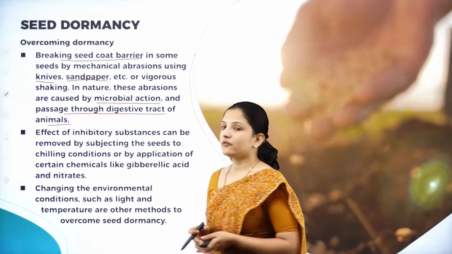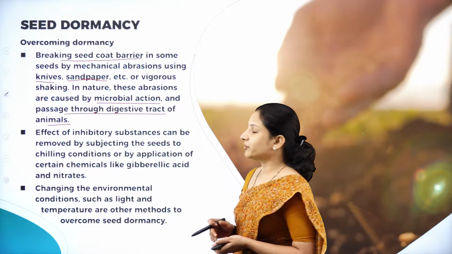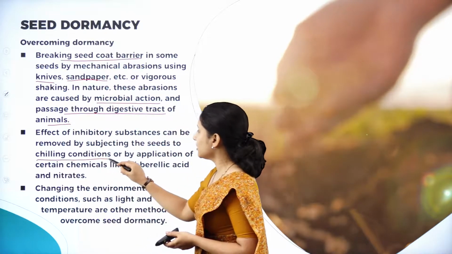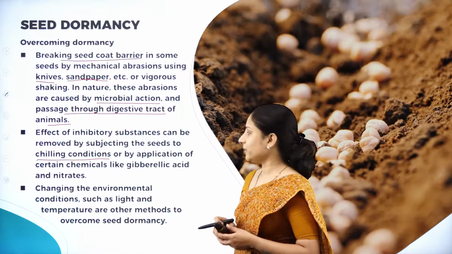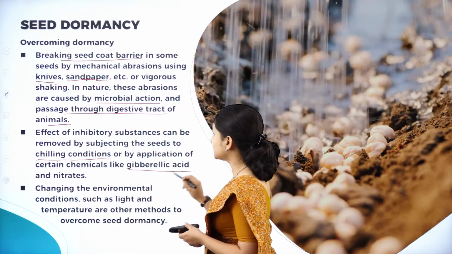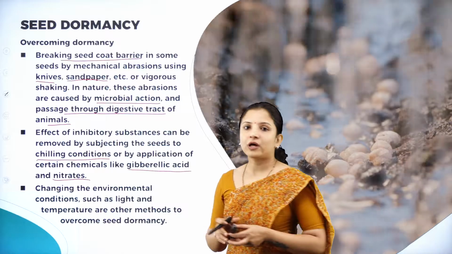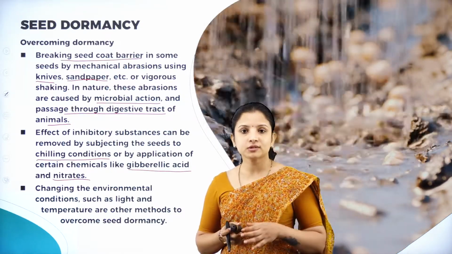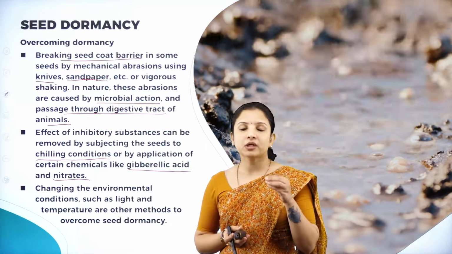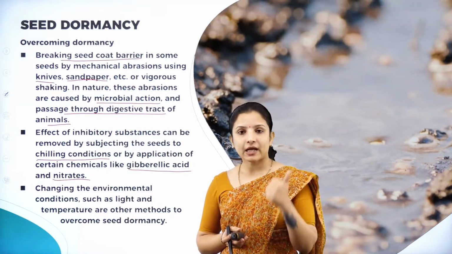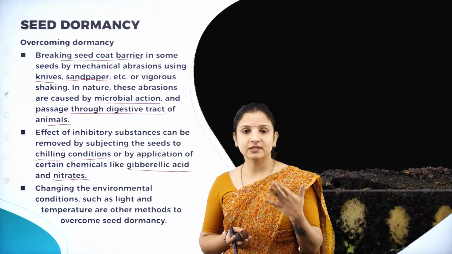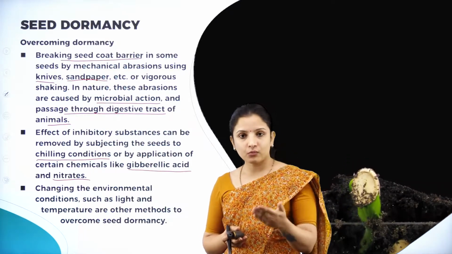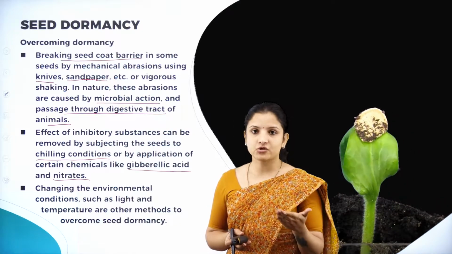Next, the effect of inhibitory substances can be removed by subjecting the seeds to chilling conditions or by applying certain chemicals like gibberellic acid and nitrates. One more factor we had studied that is responsible for seed dormancy is chemical compounds such as abscisic acid present in the seed, which will prevent the germination of the seeds.